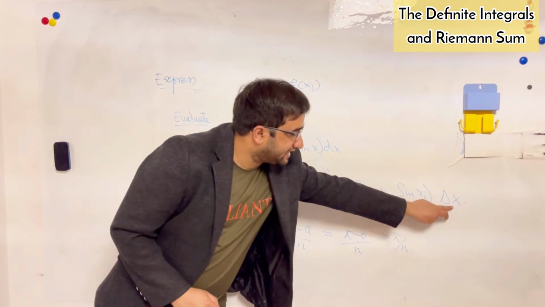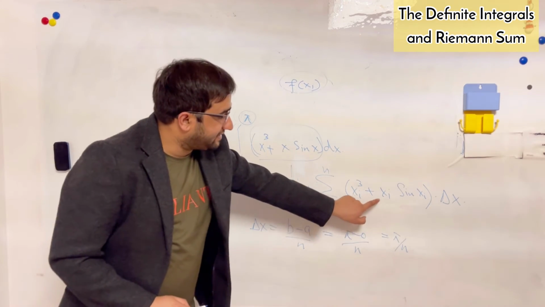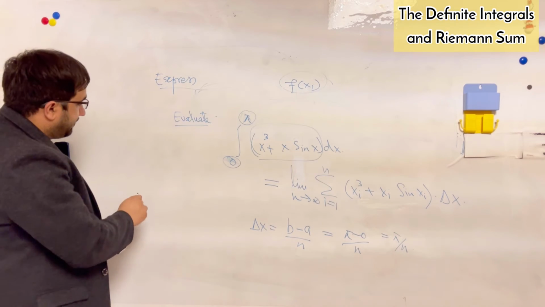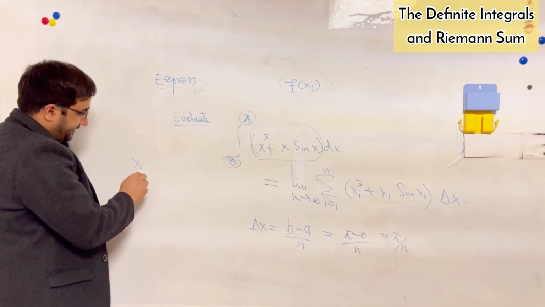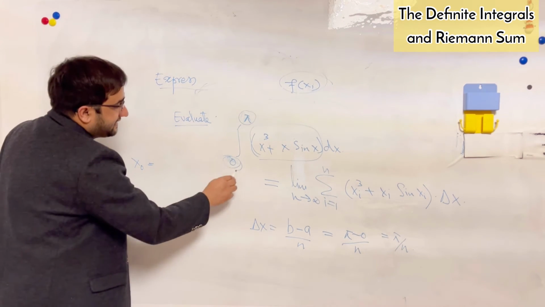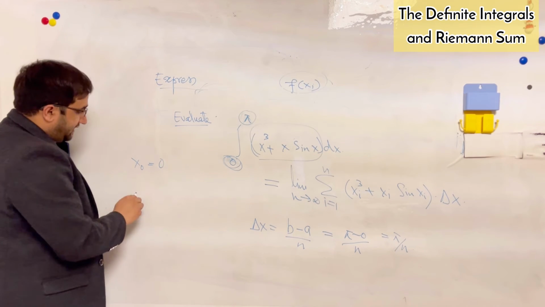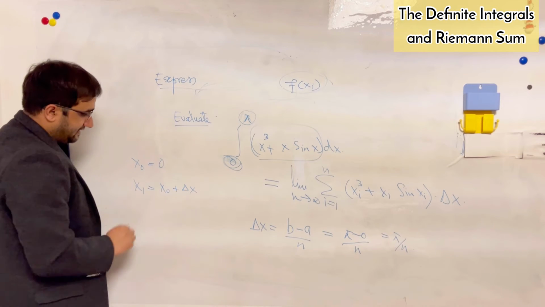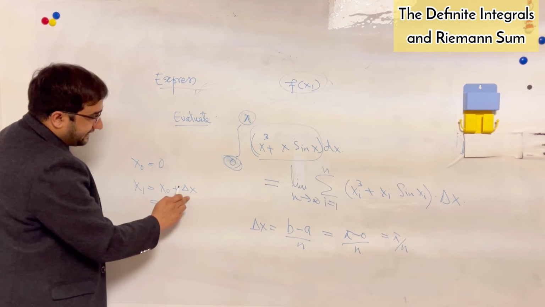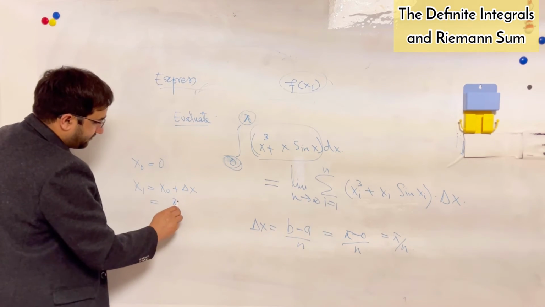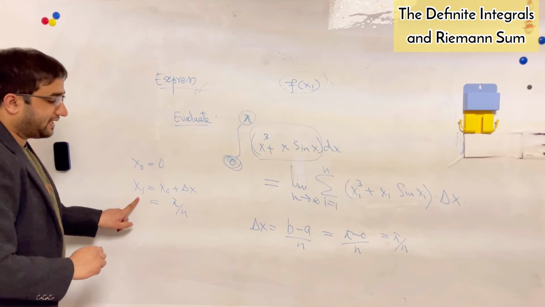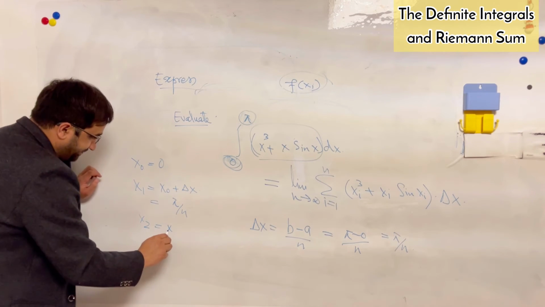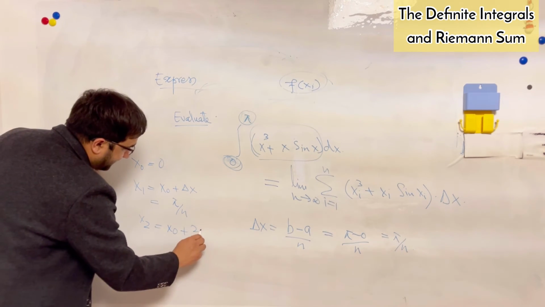So you can put it here, and at every xi you can replace it with what? You know that x naught is equal to the very starting point 0. x1 is equal to x naught plus delta x. X naught is 0 and delta x is pi by n. So x1 will be pi by n. x2 is equal to x naught plus 2 delta x.